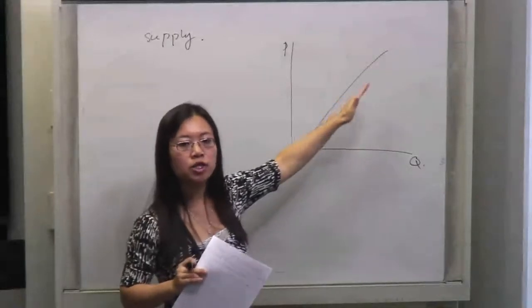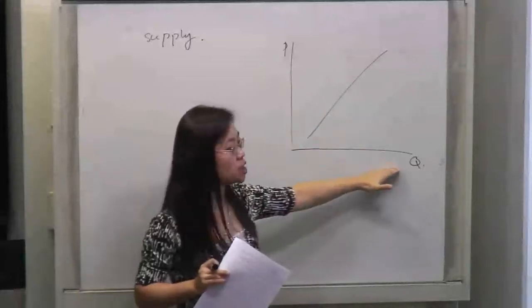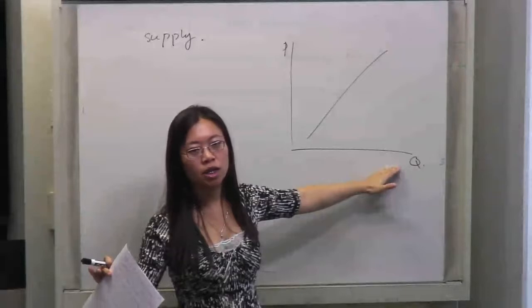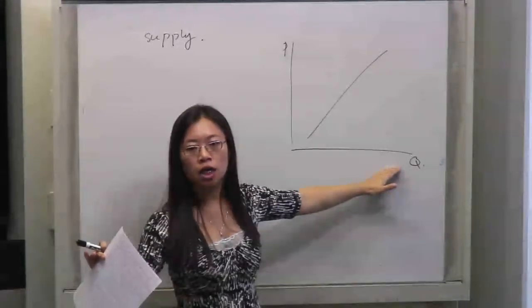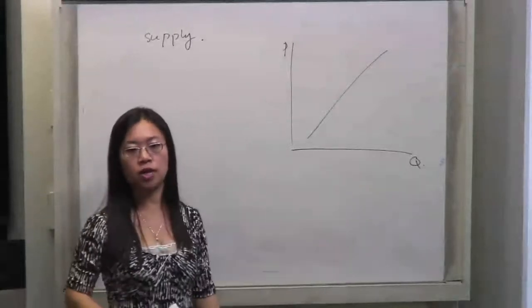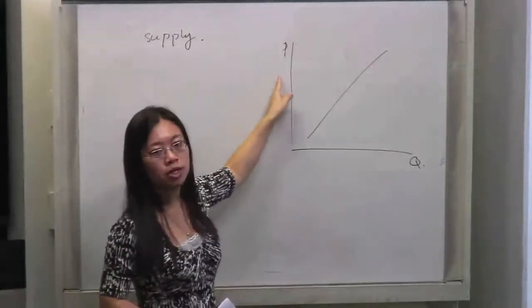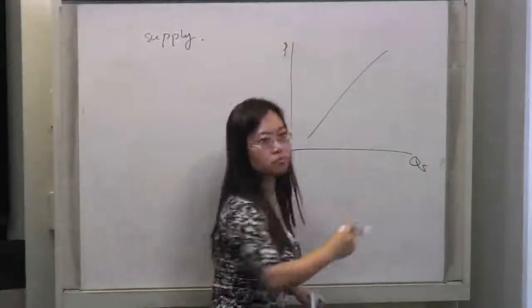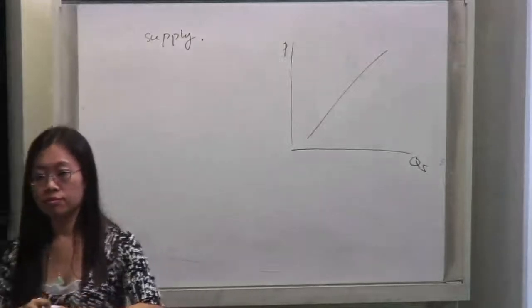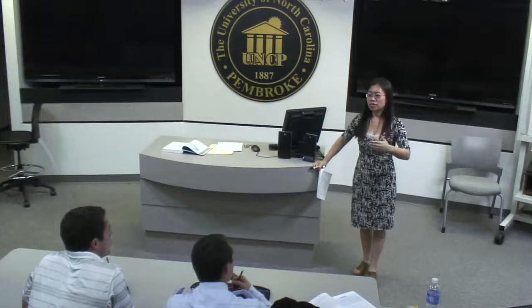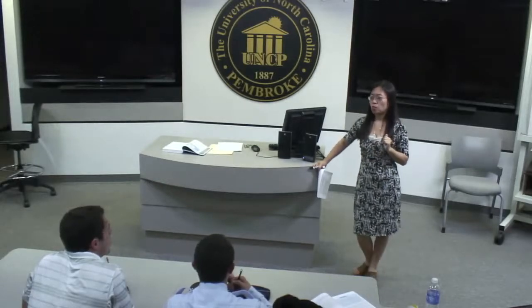It represents the relationship between the market price and the quantity supplied, while holding all other factors constant, because market price is not the only thing that affects the quantity supplied. When the price goes up, you can sell the good at a higher price, so you would like to produce more and sell more.